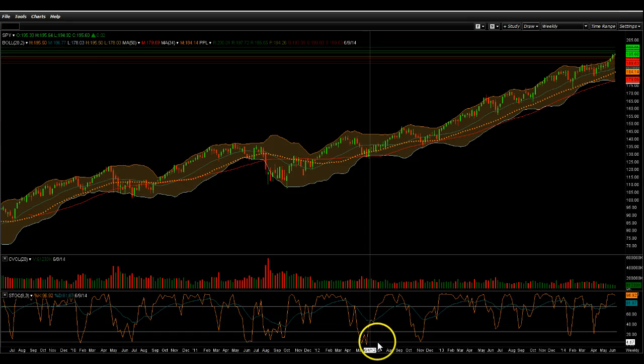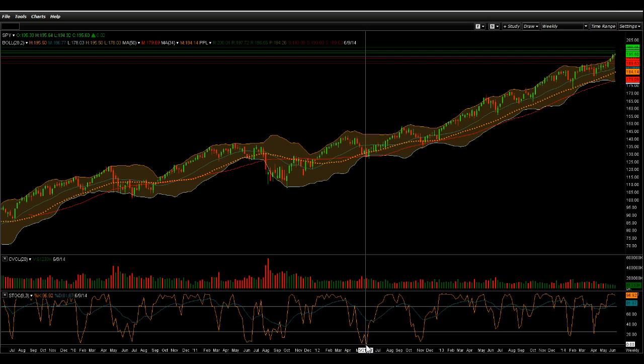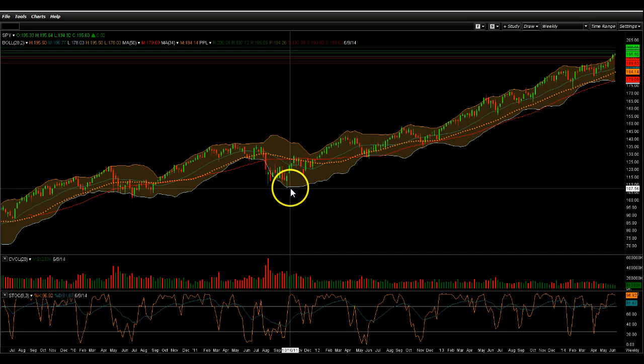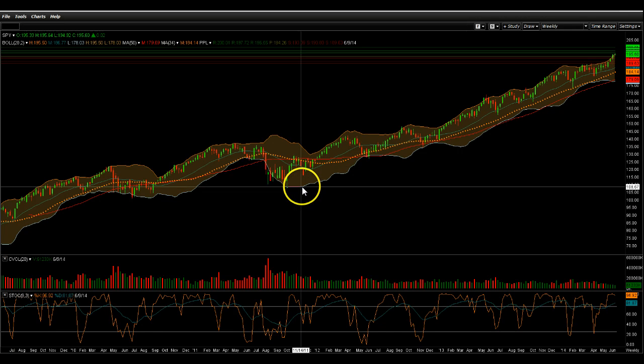So anyway, these are very simple ways of reading the market. You look at the stochastics, you look to see where they get oversold, you wait a day or two and you buy it, and you make a decent sum of money. It's not always that easy because algorithms, algo programs, and high frequency trading programs, HFT as I call them, tend to skew and confuse a large number of traders and market participants by their very highly erratic and volatile maneuvers, and that's just what they're designed to do.